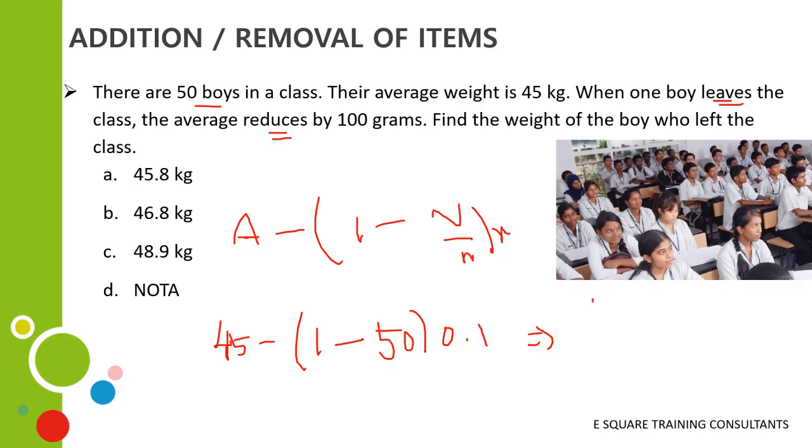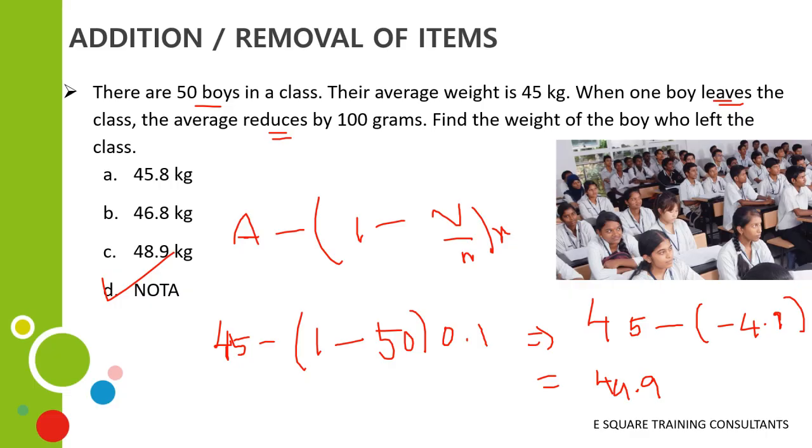So I can directly take 45 minus of minus 4.9, which is 45 plus 4.9, and that is 49.9. Since we do not have this option, the correct answer will be none of the above.